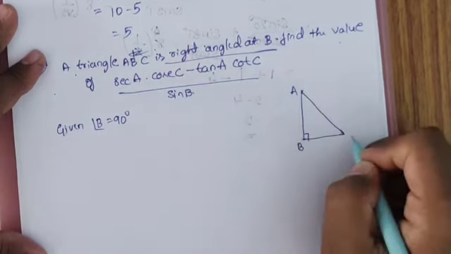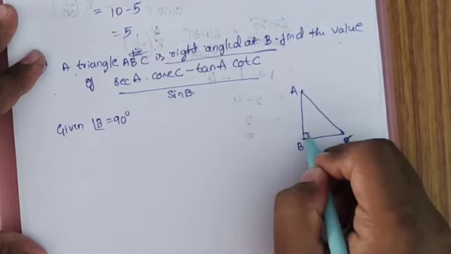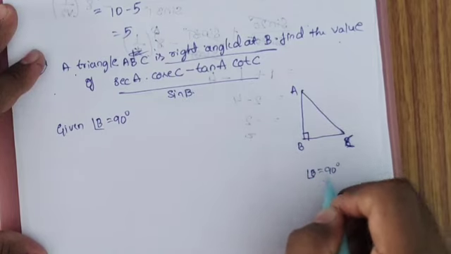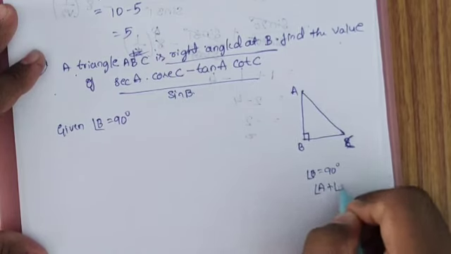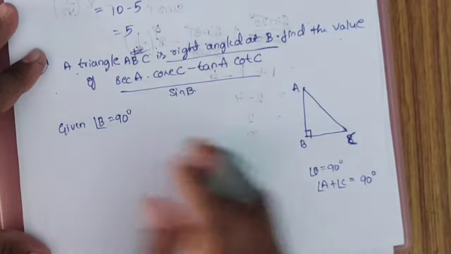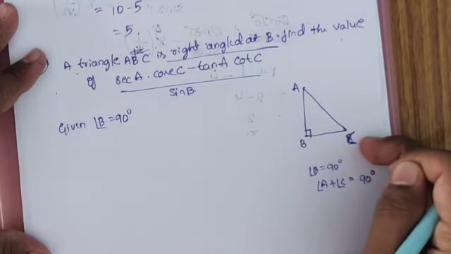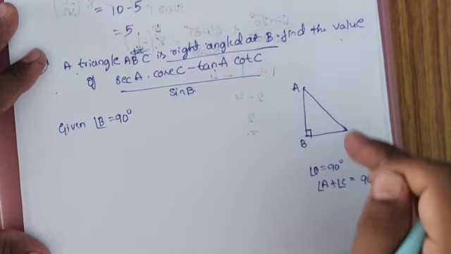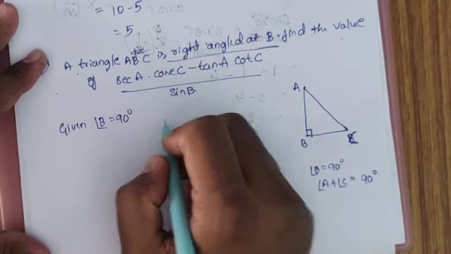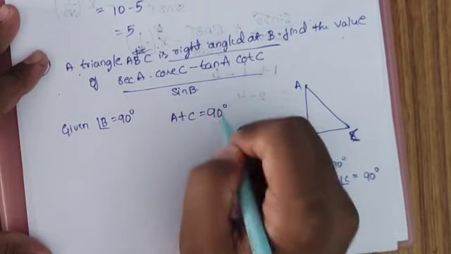So by angle sum property, if angle B is equal to 90 degree, then angle A plus angle C will also be equal to 90 degree, right? So if A plus C becomes 90 degree, then 90 plus 90 becomes 180 degree. Therefore, angle sum property is satisfied. Now I can write angle A plus angle C is equal to 90 degree.